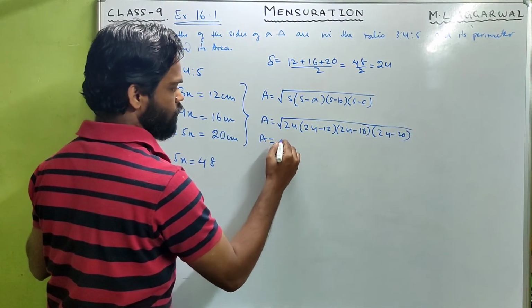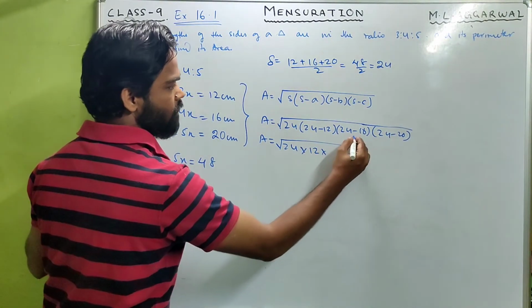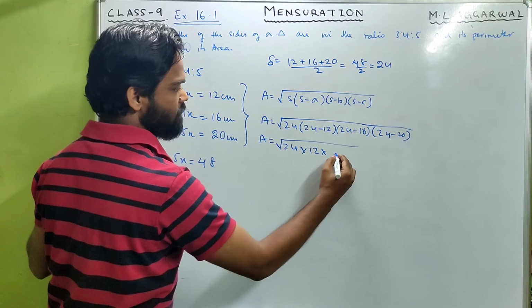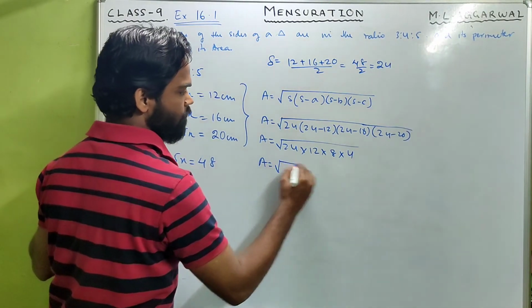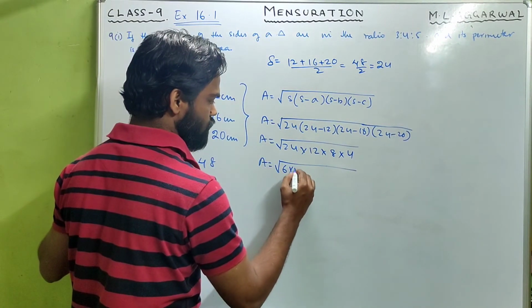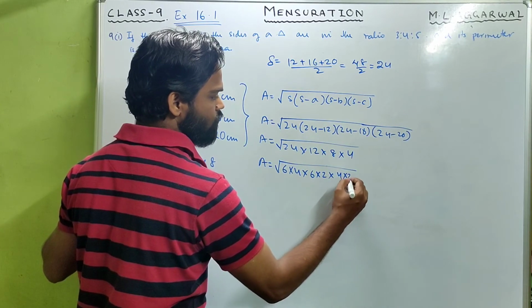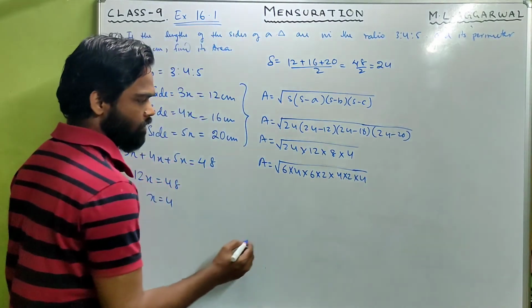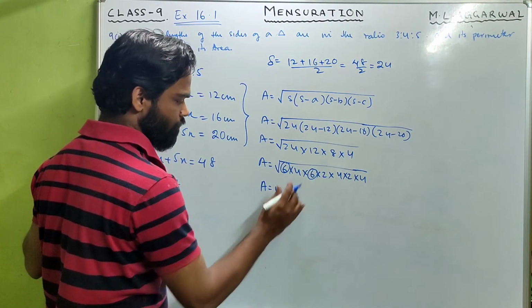So area will be root of, this is 24, this is 12, this is 24 minus 16 is 8, and this is 4. Factorize. 24 I'll factorize as 6 into 4. Just look. 12, I'll factorize 6 into 2, 8, 4 into 2, 4 as it is. Now look, 6 is in pair, comes out, okay.